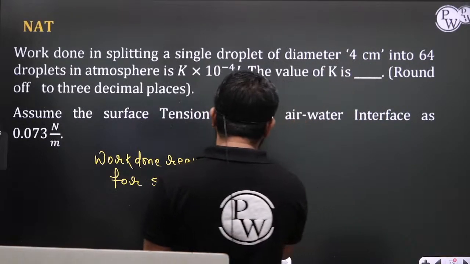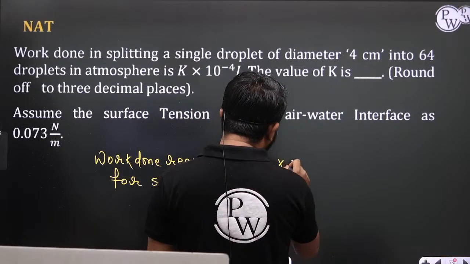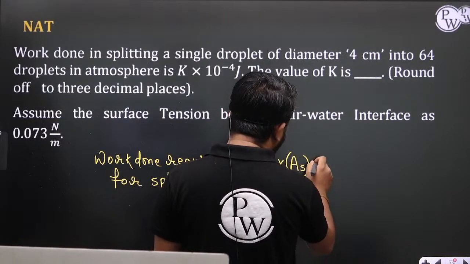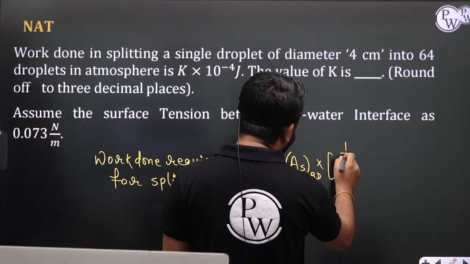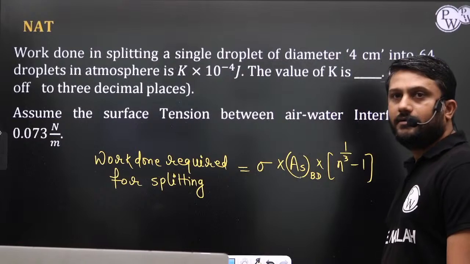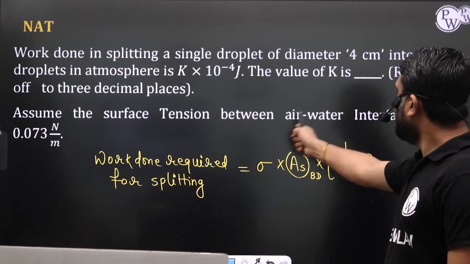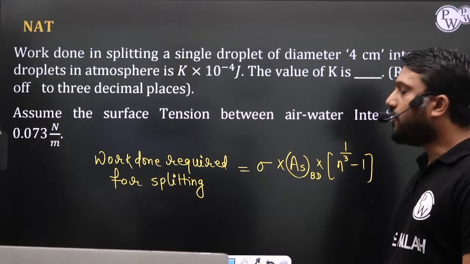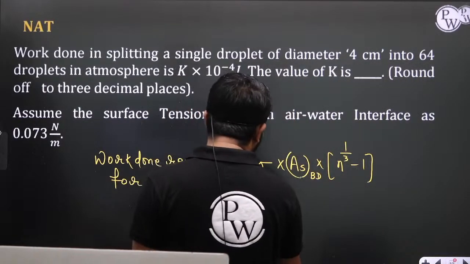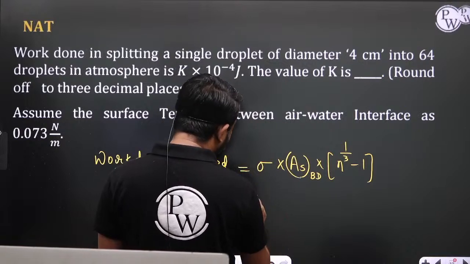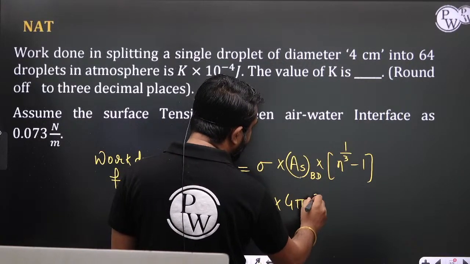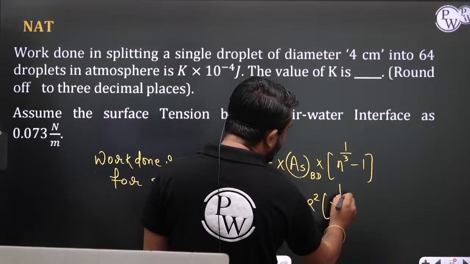We can write this as sigma multiplied by surface area of bigger droplet into n to the power 1 by 3 minus 1. We already derived this one. So sigma into 4 pi r square into n to the power 1 by 3 minus 1.